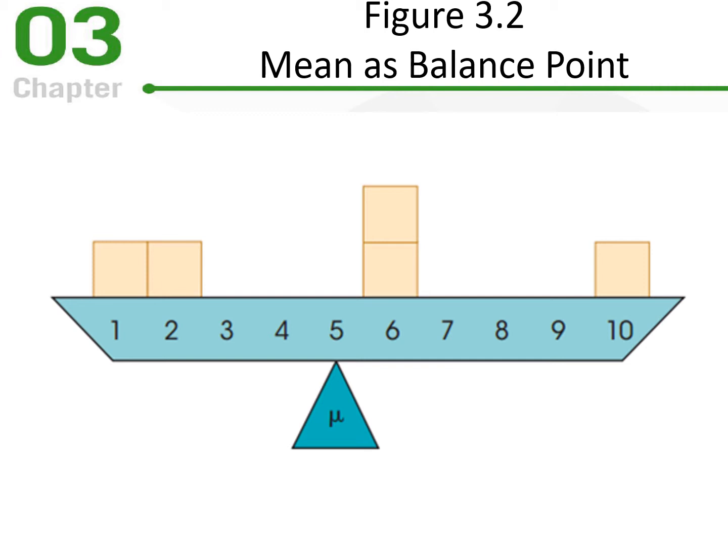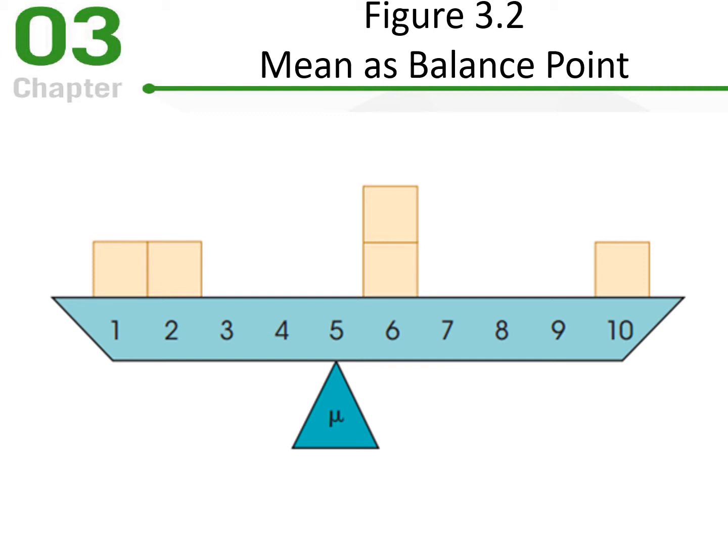And the reason 5 is the balancing point is the mean is calculated as distance, right? If you look at the person that scored 1, they're 4 spaces off from 5. The person that scored 2 is 3 less than 5. The person that scored 6 is 1 greater than 5.